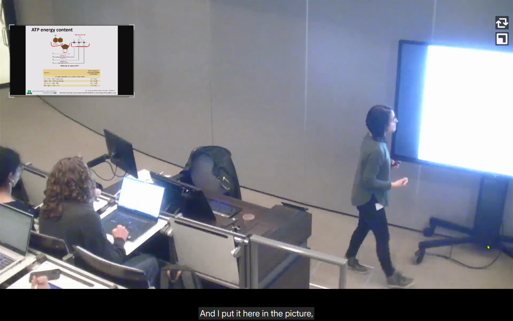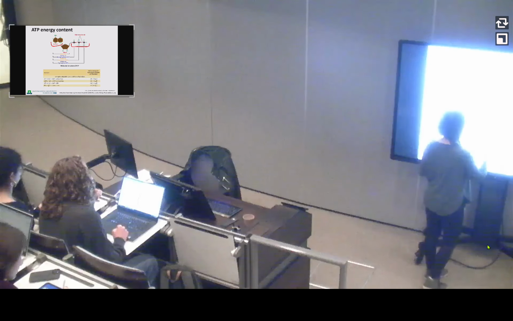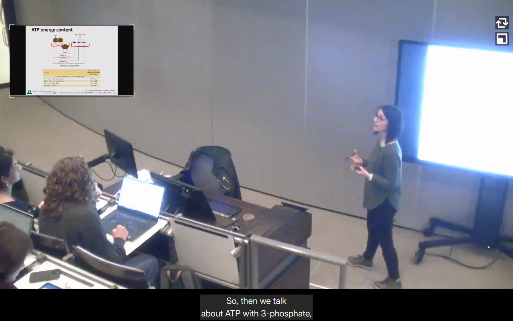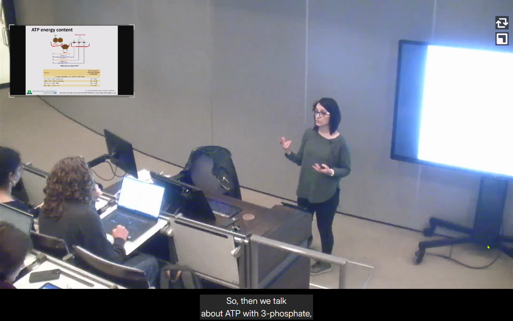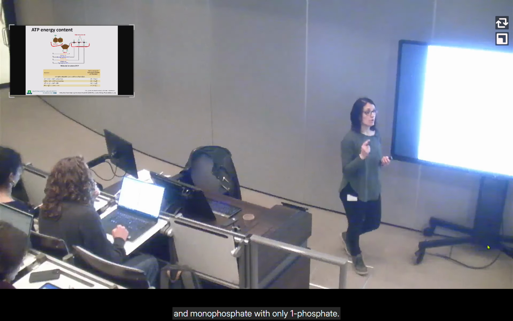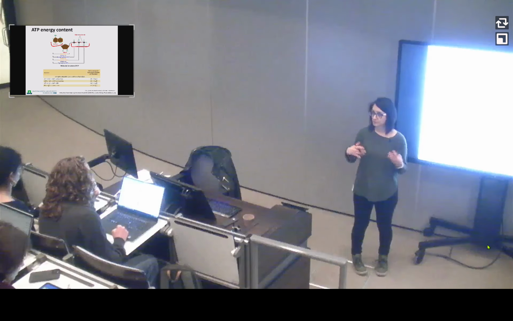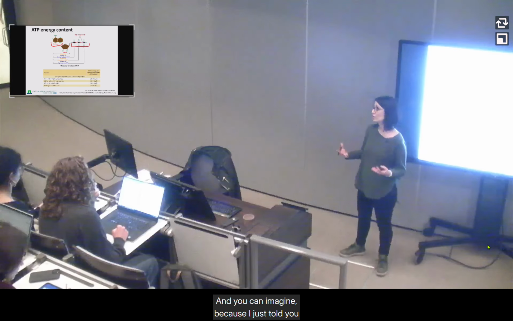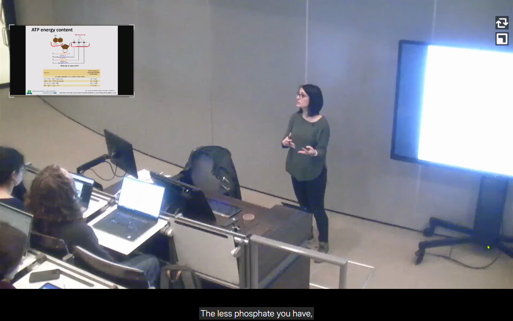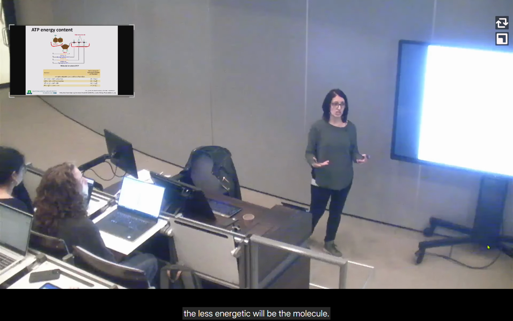I put it here in the picture, in the table for you. Depending on how many phosphates are left, we talk about ATP with 3 phosphates, ADP with 2 phosphates, diphosphate, and AMP, monophosphate, with only 1 phosphate. And as I just told you, the energy is in the bond of the phosphate, so the fewer phosphates you have, the less energetic the molecule.